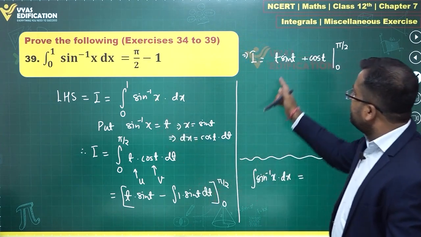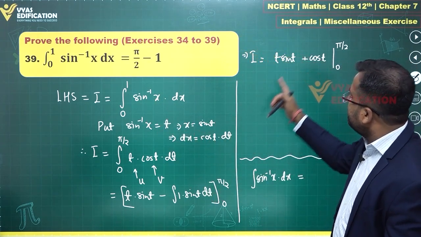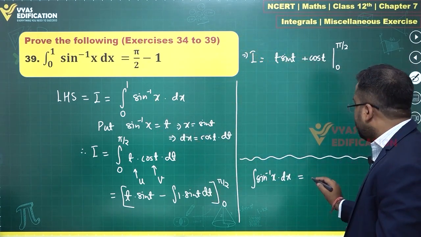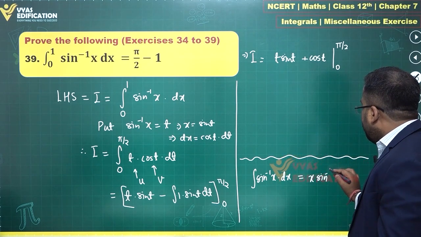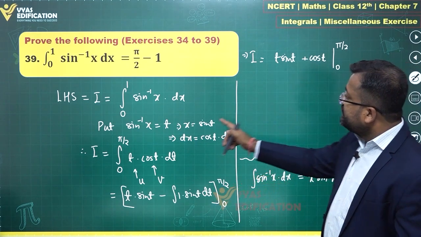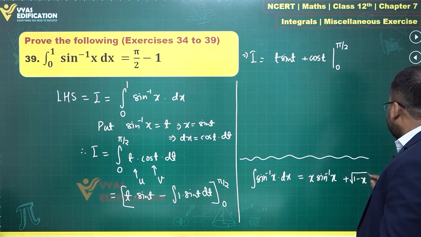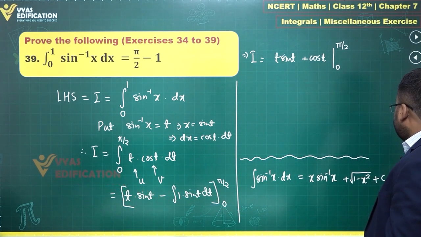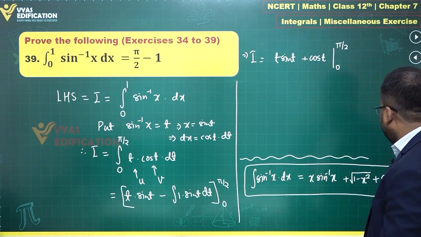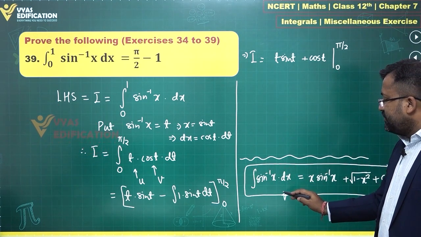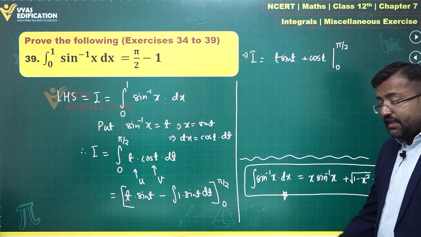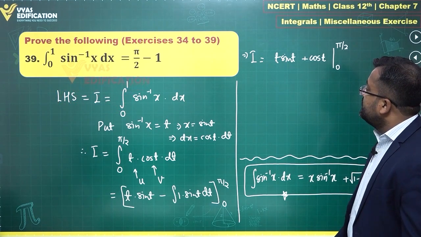What is that? t is sine inverse x, sine t is x, so this is x sine inverse x plus cos t. Cos t is under root of 1 minus x square, plus a constant. This is the integral of sine inverse x. This is something extra which you can remember maybe: x sine inverse x plus under root of this.